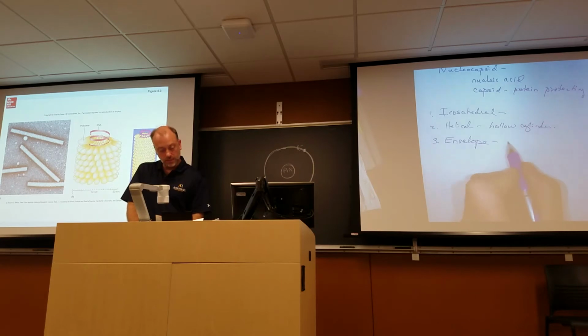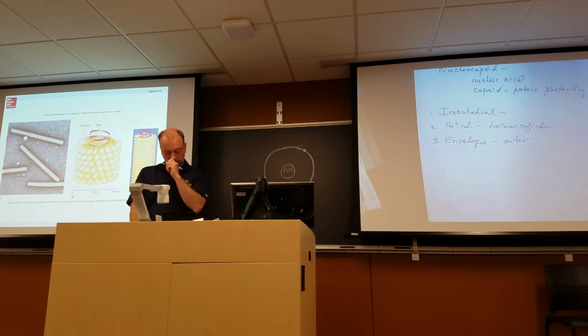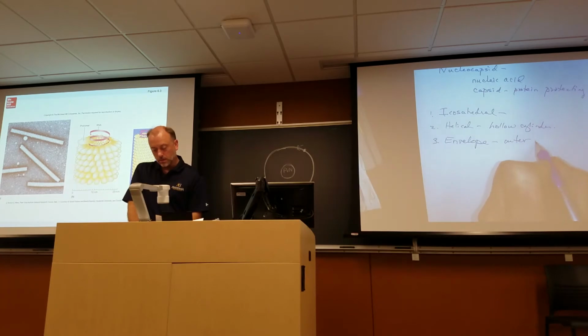So the envelope is a membrane. Remember the last time we talked about whether living things have a membrane and whether there's an electron potential? In some cases, they have an outer membrane that's made out of the host cell's plasma membrane.